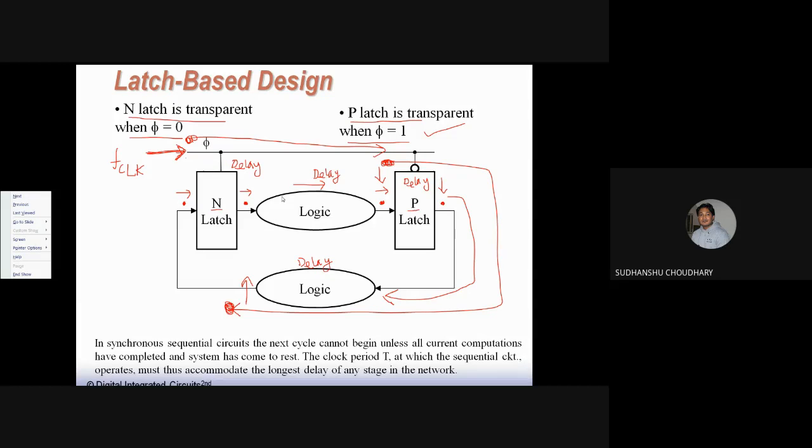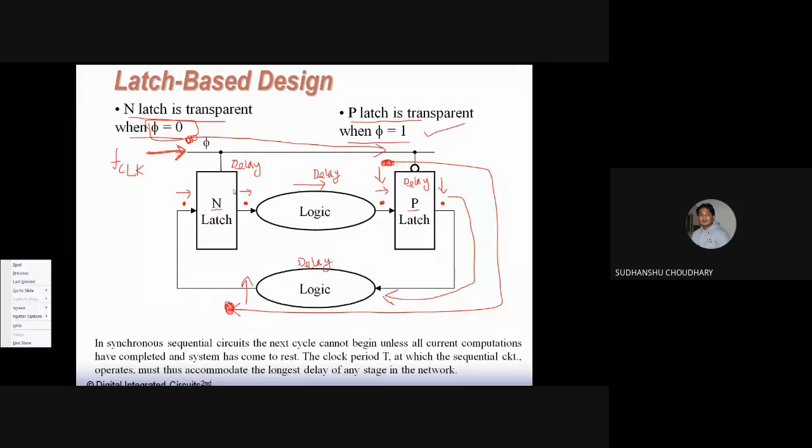Now, before this logic block and this logic have processed the data, the next cycle should not begin, right? That is, when clock is 0, in that time my N latch and this logic have to process the data completely, and data should be available here. Before that, the processing of data by P latch and this logic element should not begin.